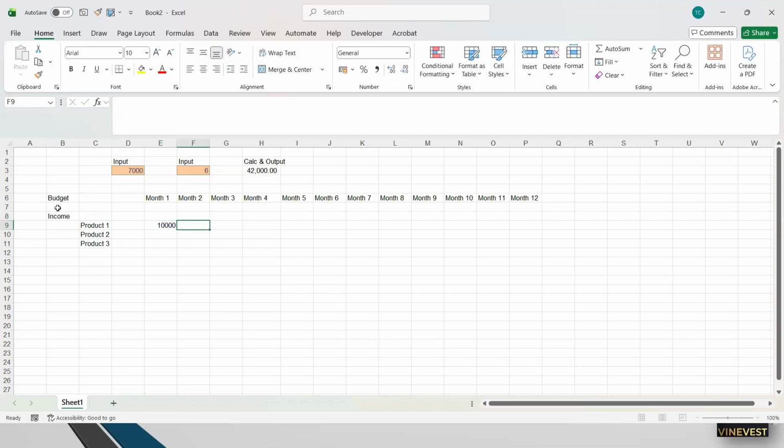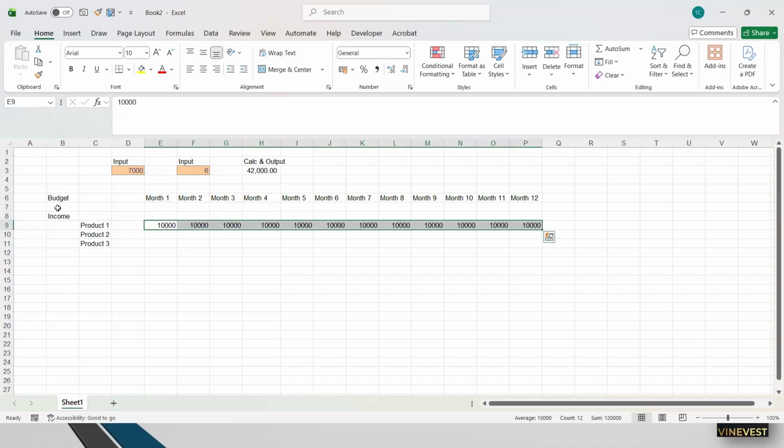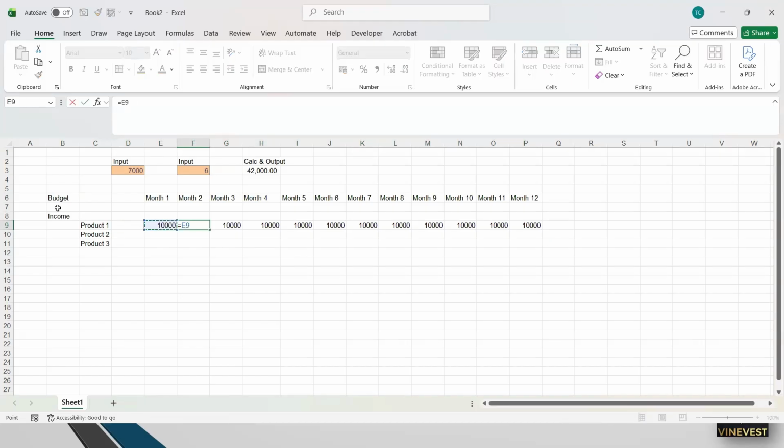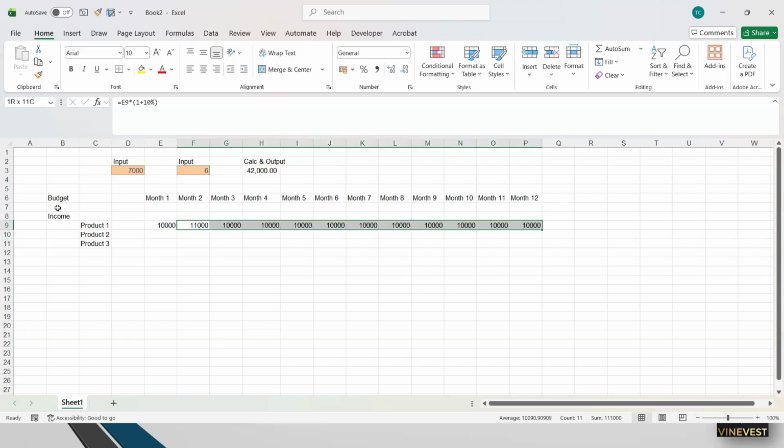And then throughout the months, let's just do an increase, equal to the previous month increasing by, let's say, 10%. I'm going to hard code here, but just as an example. Let's say each month they are increasing their sales by 10%, which is very, very rare.